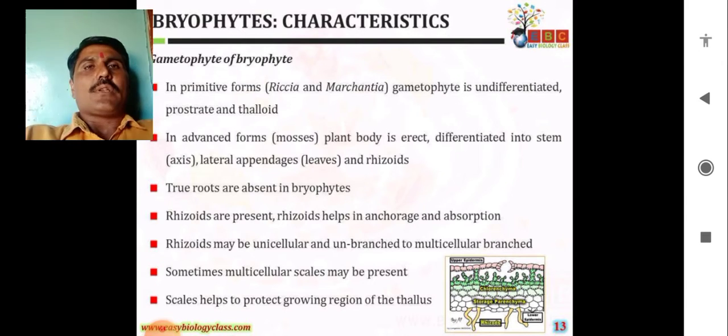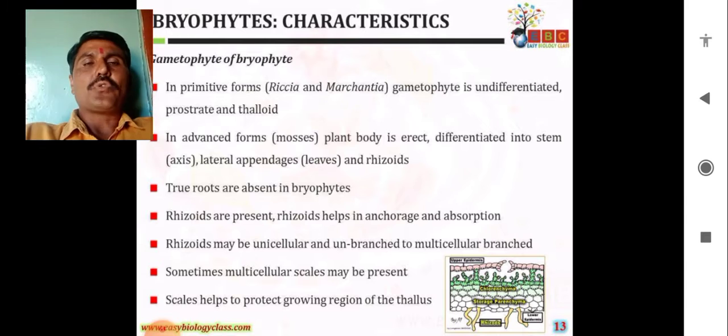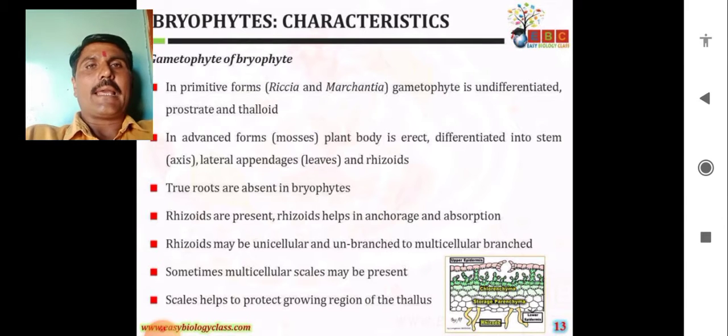So this is a specific characteristic of the bryophytes, and they are very minute and small plants which can be easily crushed under our foot, somewhat like liverworts and mosses.